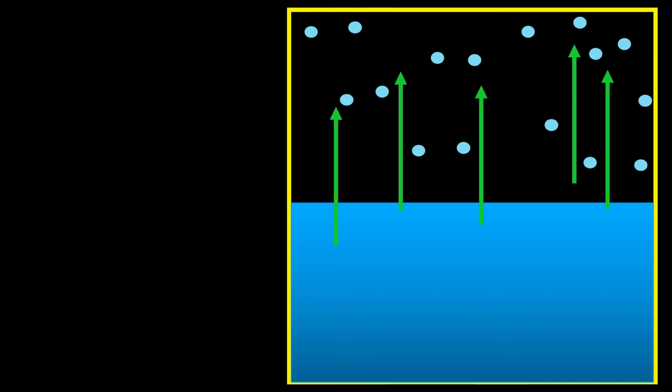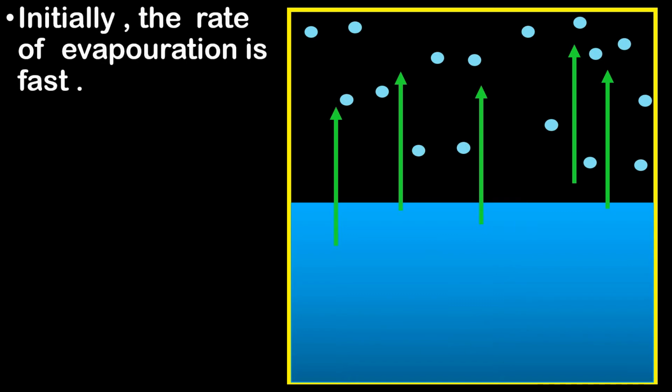And you observe one thing, that initially the liquid gets quickly converted into vapors. So can I say that initially the rate of evaporation is fast? Why? Because the liquid is getting quickly converted into vapors.